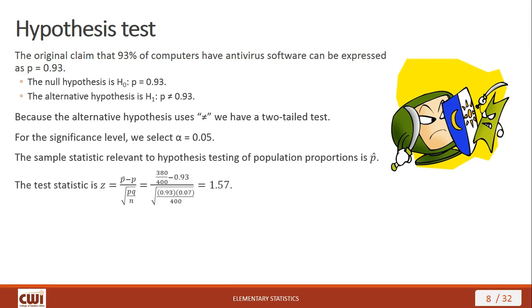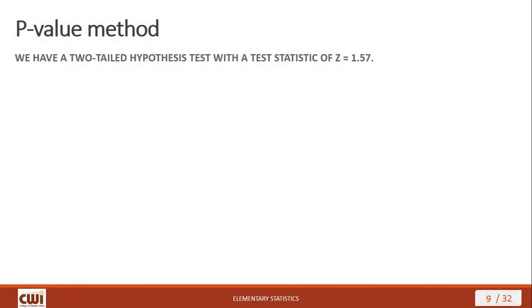We can calculate our test statistic by hand if we use the formula for calculating the z-score for hypothesis testing of population proportions. And you can see the math here coming out to a z-score of 1.57. This is our test statistic. Alternatively, we can simply take the information they gave us about the sample and calculate the test statistic using StatCrunch.